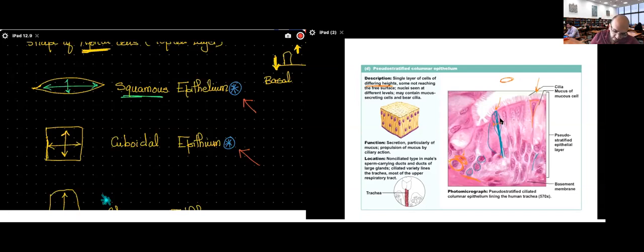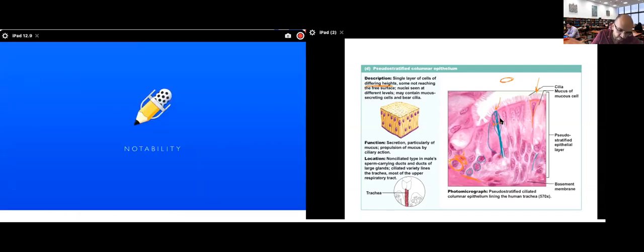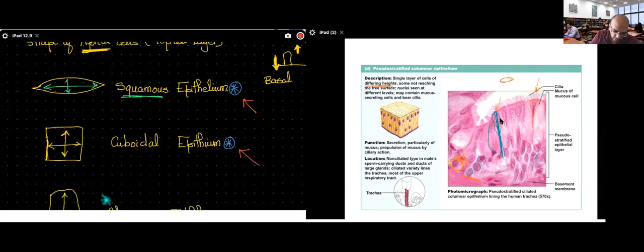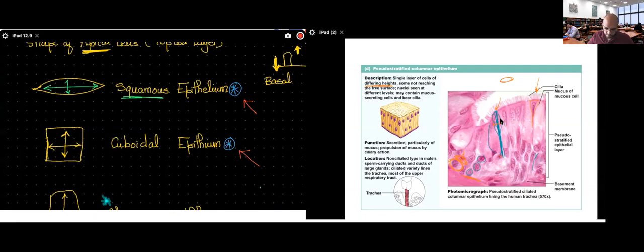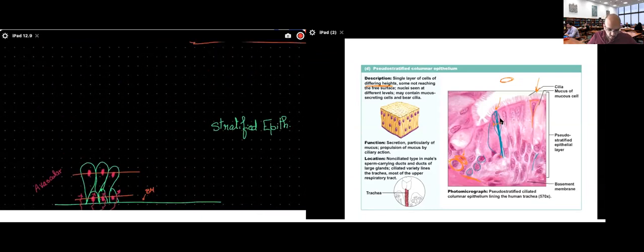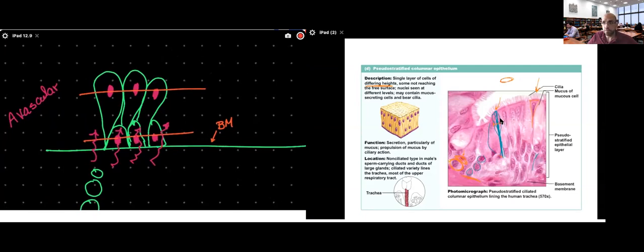All right. So what am I looking at in here? It's one row of cells that give me the impression that I'm looking at more than one cell layer. So this means I'm looking at a fake stratified, or what we call pseudo.